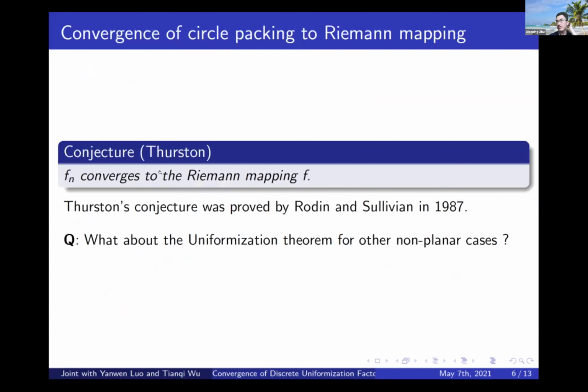Thurston conjectured that Fn converges to the Riemann mapping F, and this conjecture was proved by Rodin and Sullivan in 1987. So the question now is, what about the uniformization theorem for other non-planar cases?